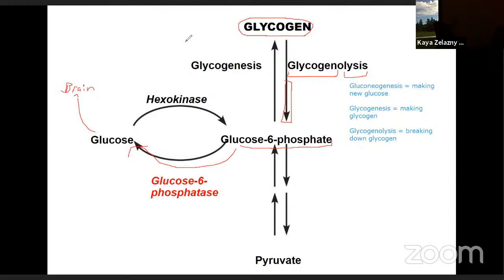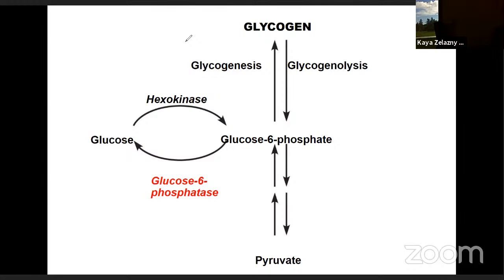The other thing we can do, like eating a ton of pasta or something, right? Eating lots of carbs, maybe you can't use all that glucose right now. You need to store it as glycogen. So if we start with the glucose, if we start here in the pathway, we'd use another enzyme, hexokinase, to turn the glucose into glucose 6-phosphate.